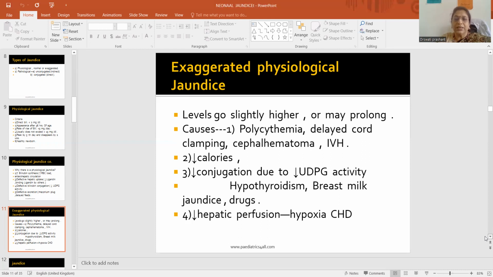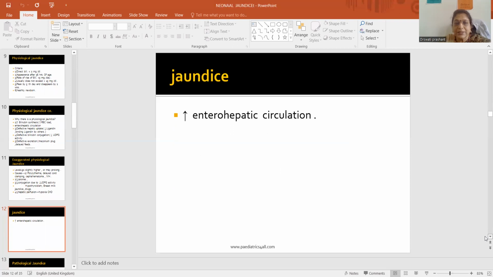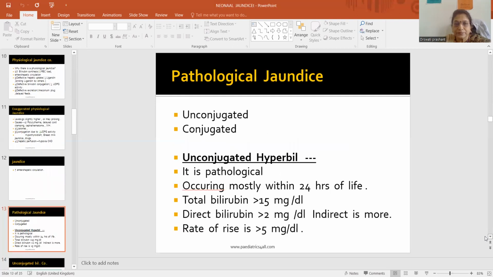Decreased conjugation due to decreased UDPG activity can be seen in hypothyroidism, breast milk jaundice, or drugs. Certain drugs can decrease the UDPG activity, leading to exaggerated physiological jaundice. This can also occur because of decreased hepatic perfusion due to hypoxia or congenital heart disease, and enterohepatic circulation can also lead to it.